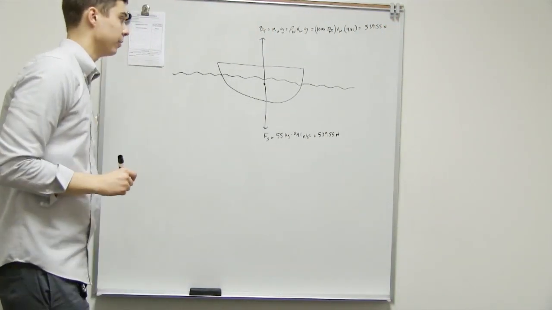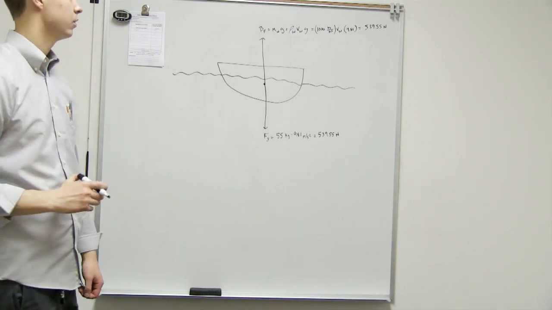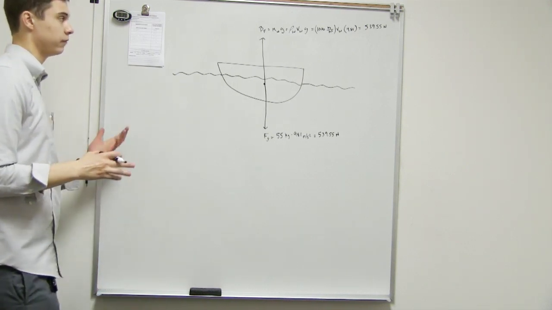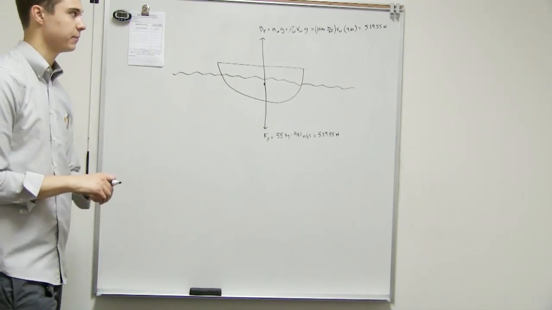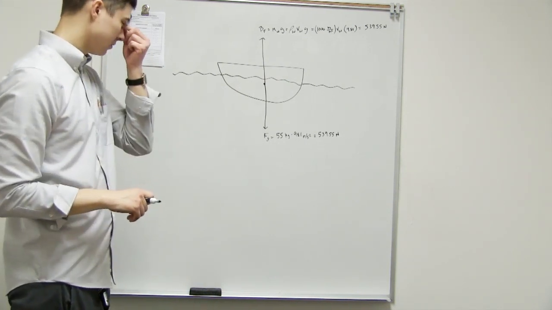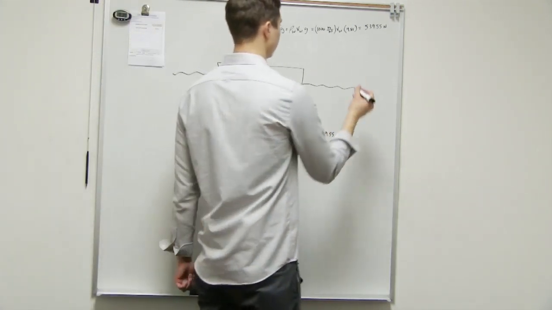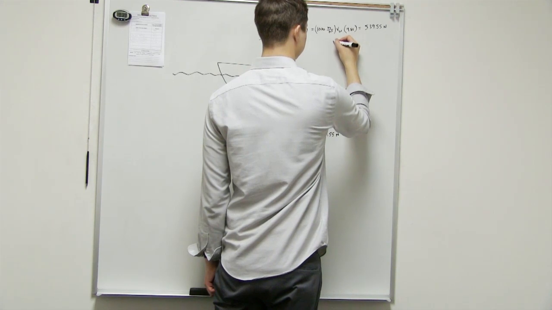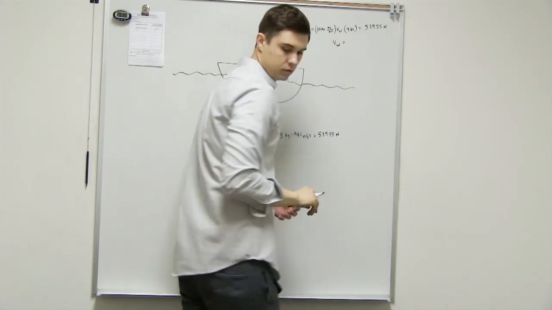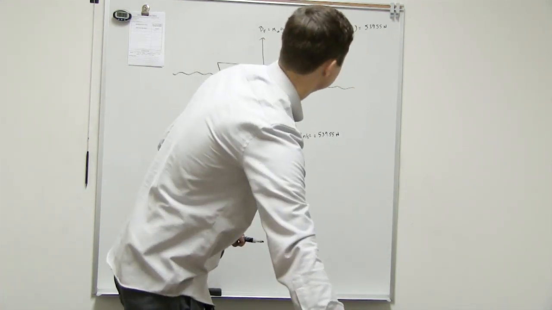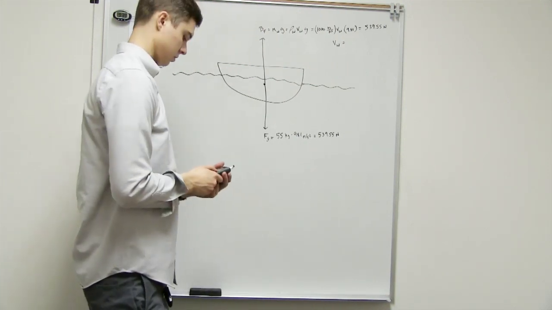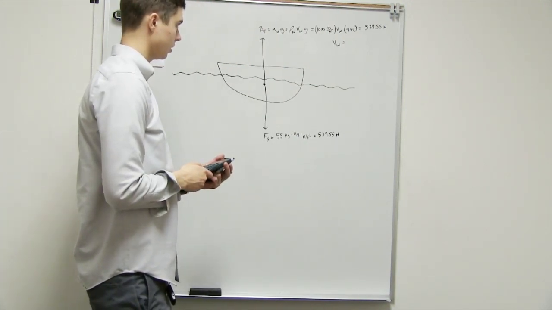If we find the volume of water, we also find the volume of 65% of the raft. I got the volume 3.055. Let me double check.